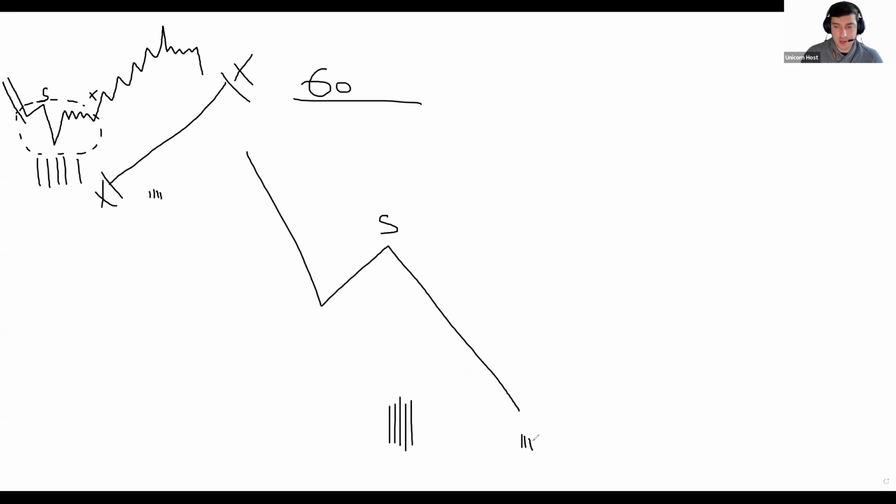So high selling pressure and low volume, low buying pressure. Now, just to repeat ourselves, what does this tell us? Sell bias is strong. Sell pressure is strong, exactly.